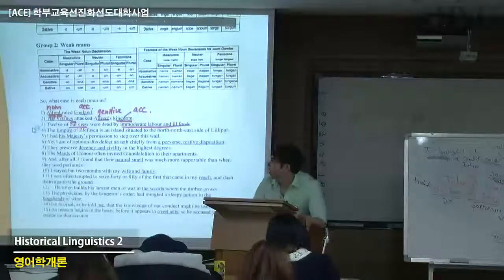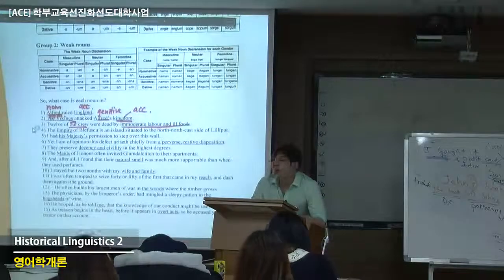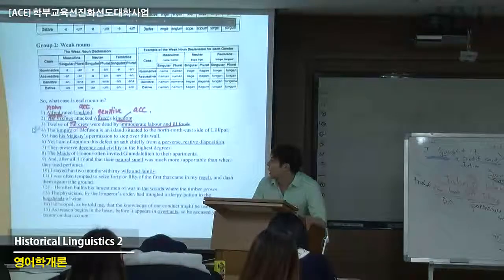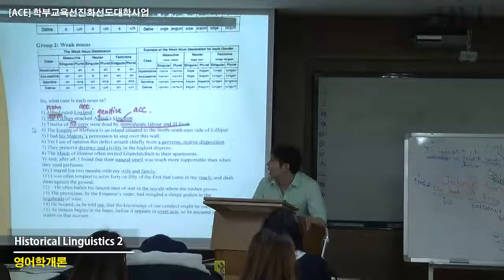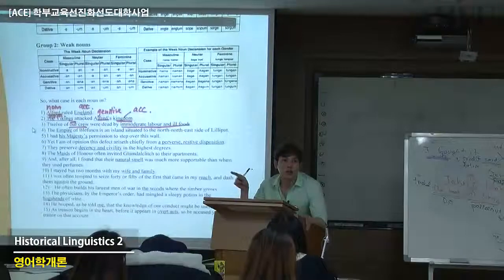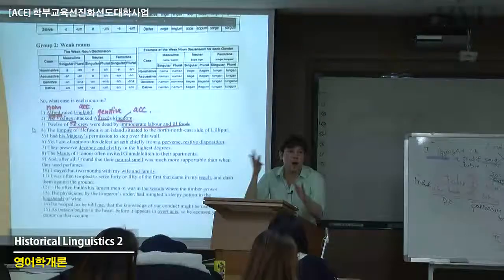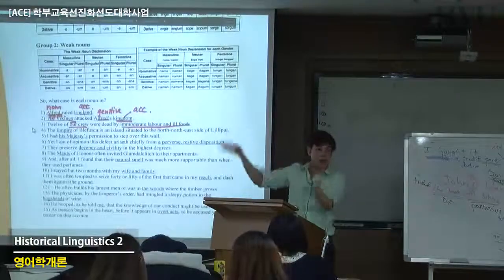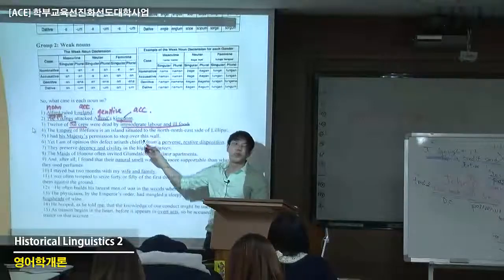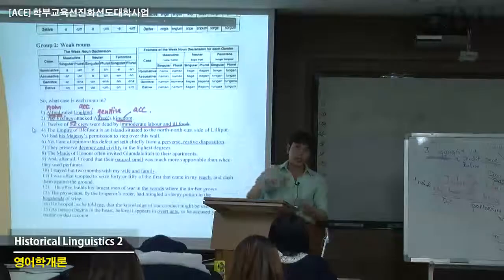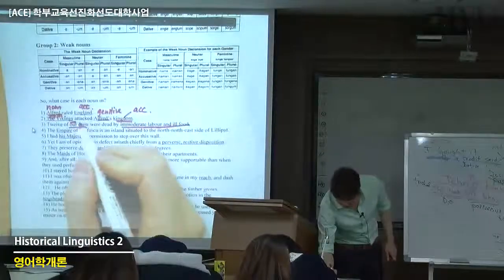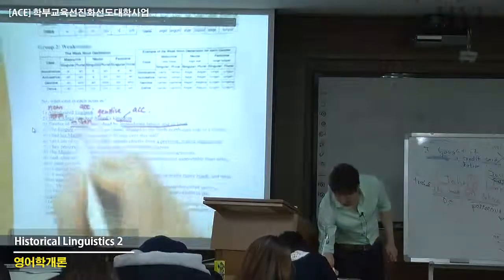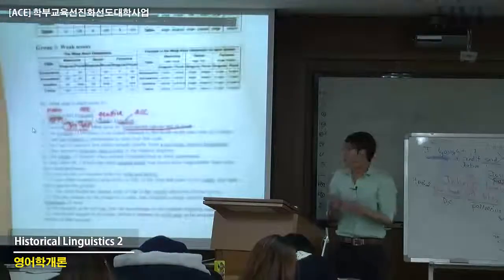Our crew is after the word of. Remember? So it's partitive. It's part of the whole thing. Twelve of the whole thing. So of our crew would be the genitive case, because it's after the word of. Okay?